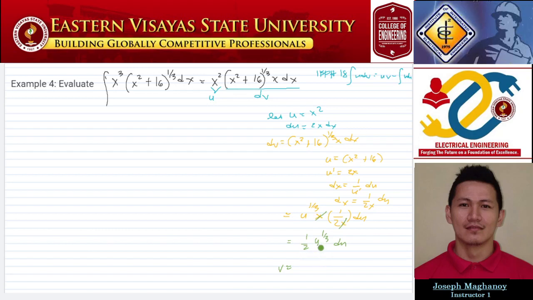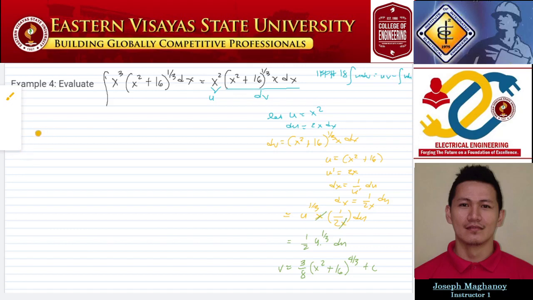So applying our power formula at u raised to 1/3, the final answer of this integration would be 3/8 times (x squared plus 16) to the 4/3 plus c, recalling our value for u. So we have our v. We have our u, du, dv. Now we can use our formula.